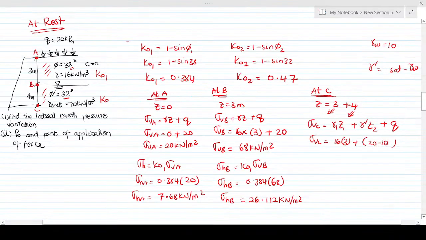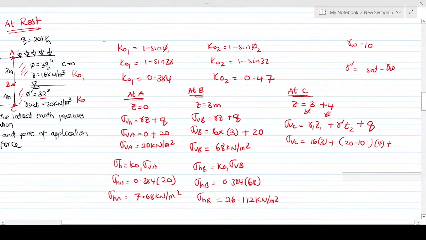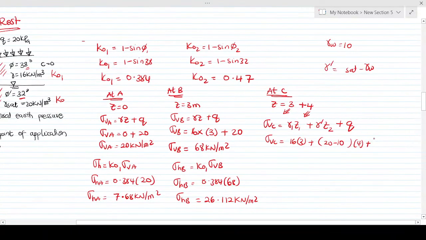So we have 10 times Z, which is 4, plus our surcharge, which is 20. And so my vertical at C will give me 108 kilonewton per meter square.